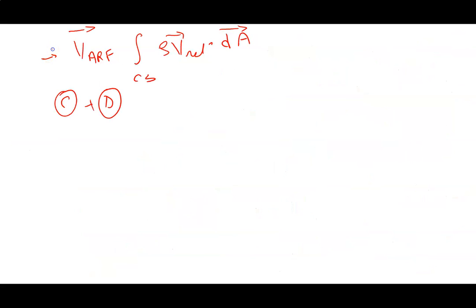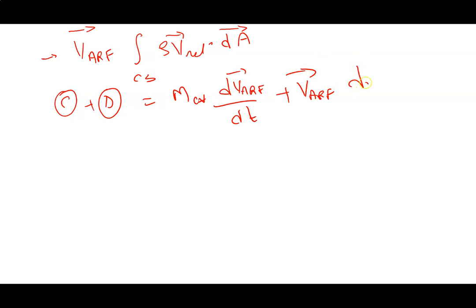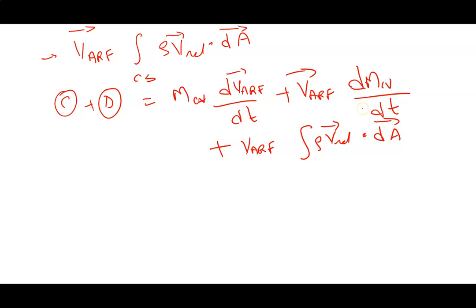If I combine those two together, I'm going to get m_cv dV_ARF/dt, plus the velocity of the accelerating reference frame times dm_cv/dt, which is the product rule, plus the term right above that, V_ARF times the integral of rho v_rel dot dA. All right, so what can I do now? I can write this as m_cv.